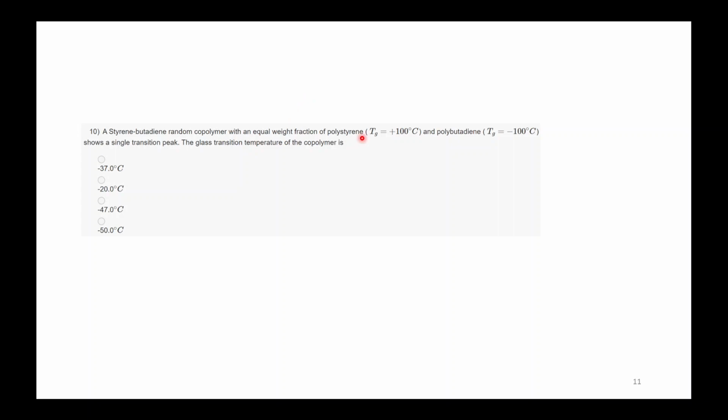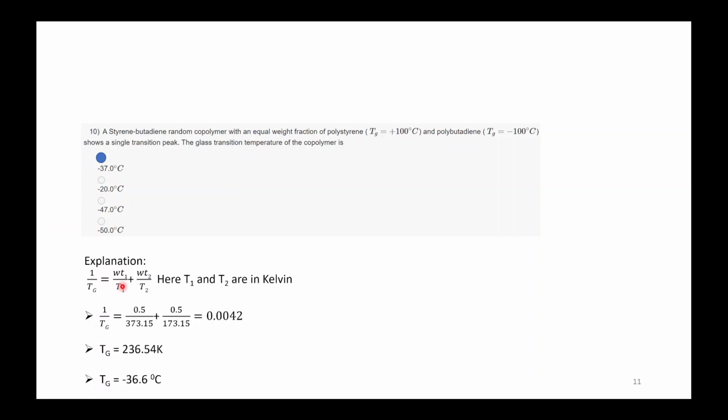Polystyrene has a glass transition temperature of 100 degrees C, and polybutadiene has a glass transition temperature of minus 100 degrees C. Now it shows a single transition peak. So the glass transition temperature of the copolymer is, options are minus 37 degrees C, minus 20 degrees C, minus 47 degrees C, or minus 50 degrees C. Answer is minus 37 degrees C.